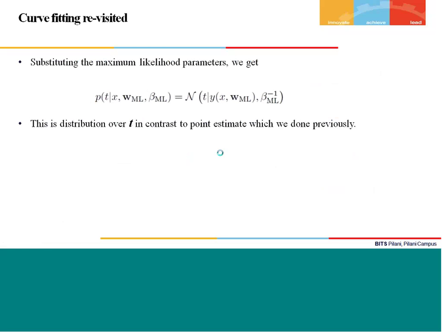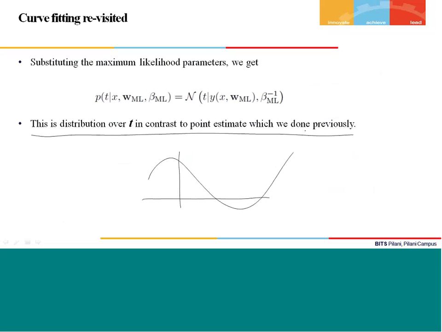So this is the distribution of t, in contrast to the point estimate which we have done previously. If you haven't considered the normal distribution, then if you take some function, every time you take a value of x, it will give you a specific value of y or t.